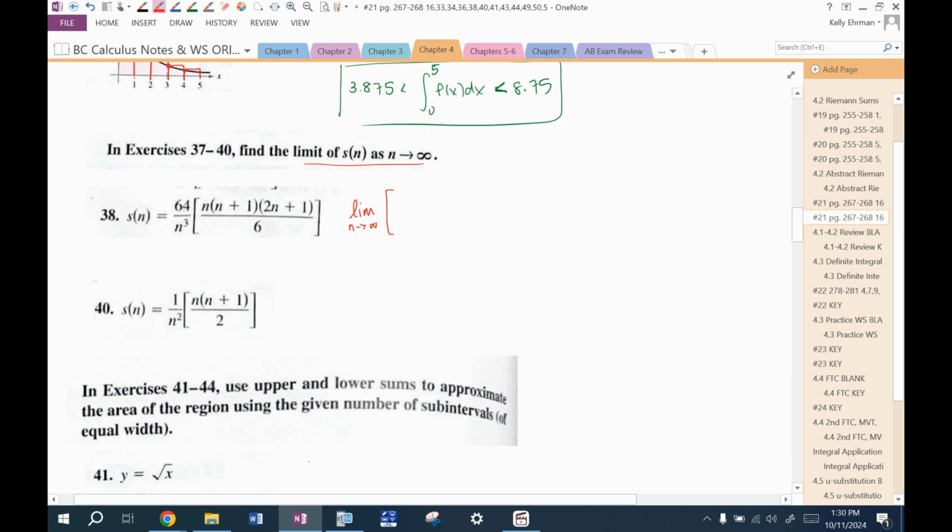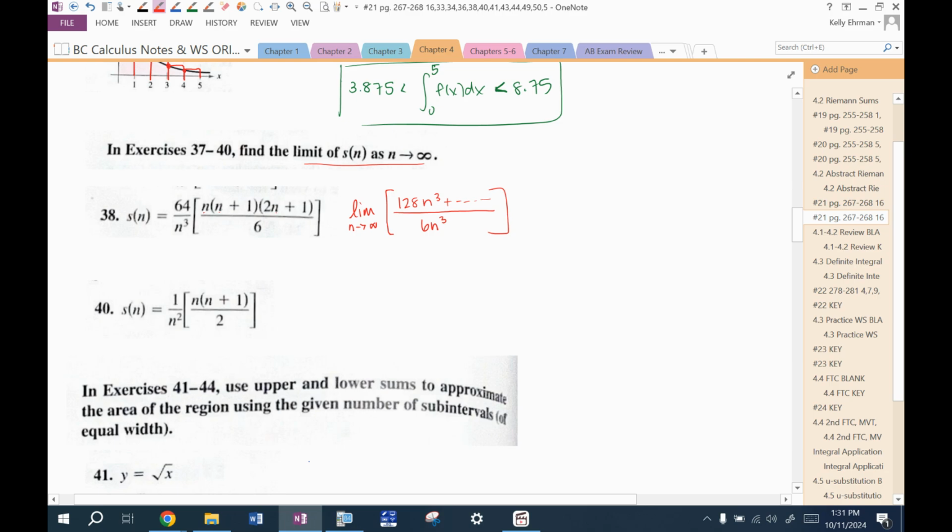Now, I want to point out this expression multiplies out to be 128 n to the third, plus some other terms on top. The bottom has a 6n to the third, and there are no other terms down there. It doesn't matter what the other terms are.